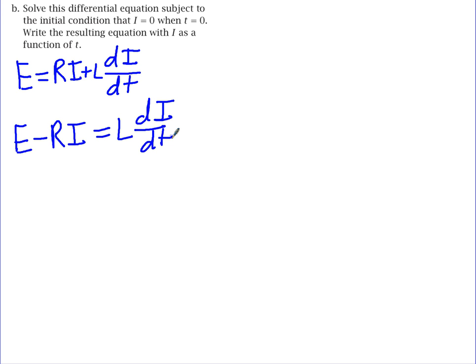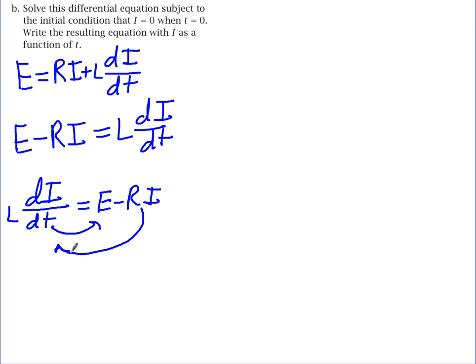So let's see here. I need the I to go with the di, so let me swap this around so I can have my i's on the left. Okay, so I'm going to bring the dt over by multiplying each side by it, and I'm also going to divide each side by this bit.